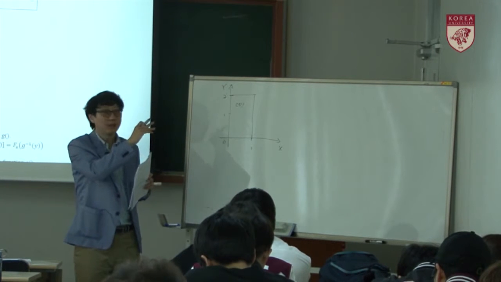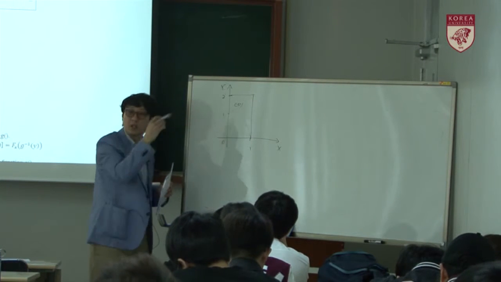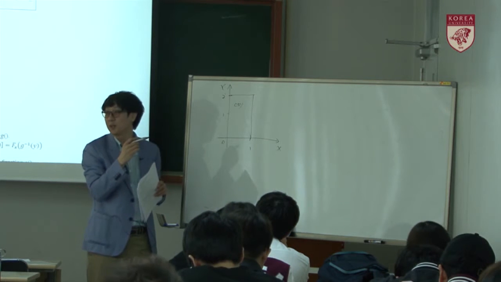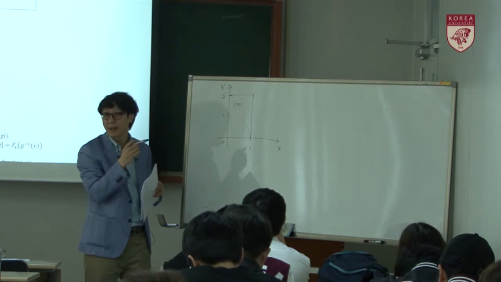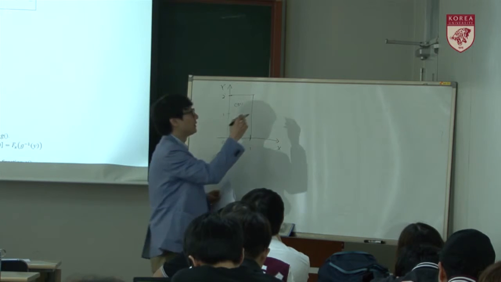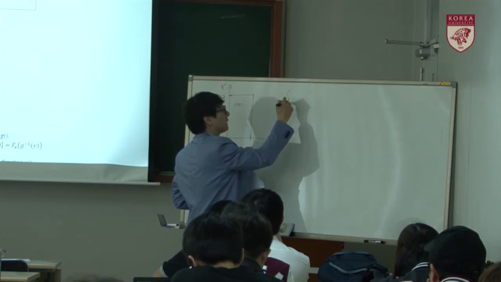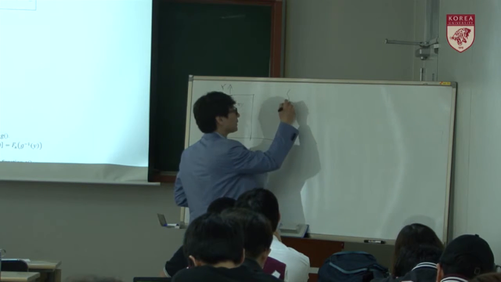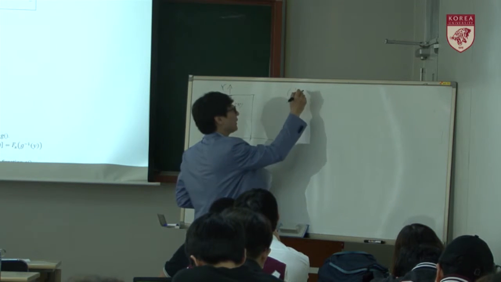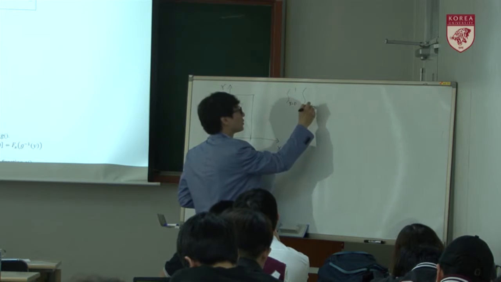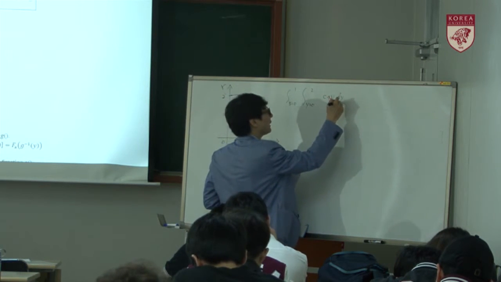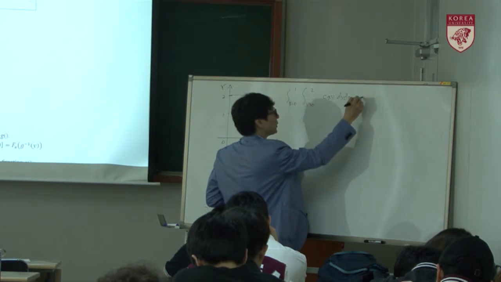If we integrate the PDF over the whole range, that should be 1. That means the integration from x equals 0 to 1, and the integration of y from 0 to 2, of C x y dy dx, should be 1.